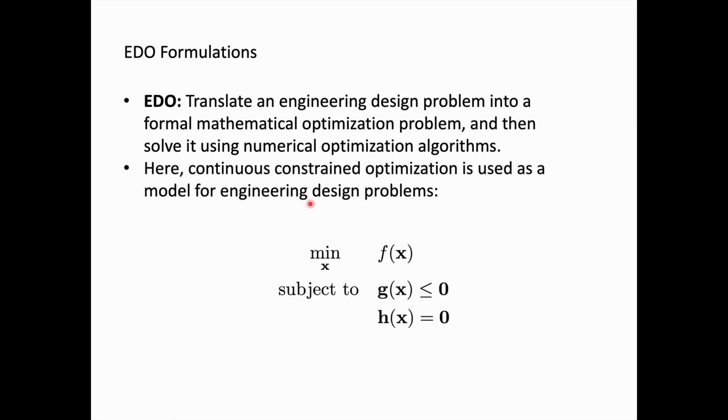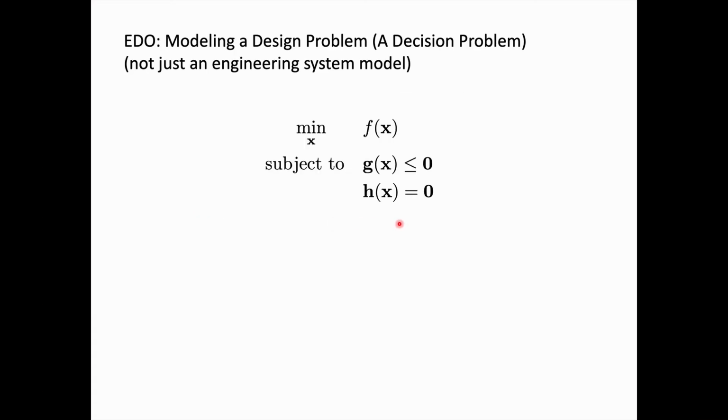In this class, we are using continuous constrained optimization as a model for engineering design problems. We can think of this formulation as a model for a design problem, or in other words, this is a decision problem. A design problem is a decision problem.